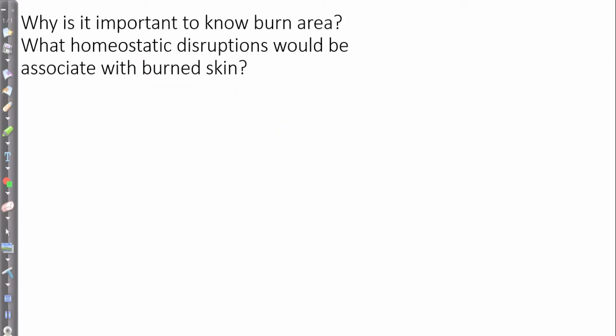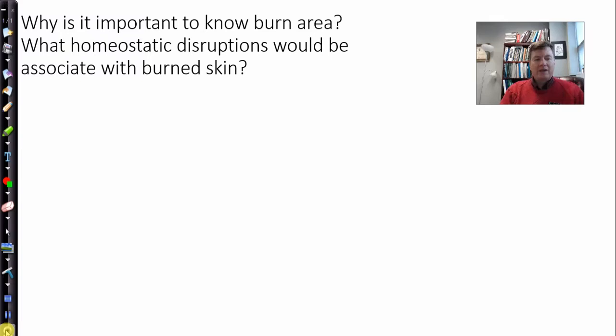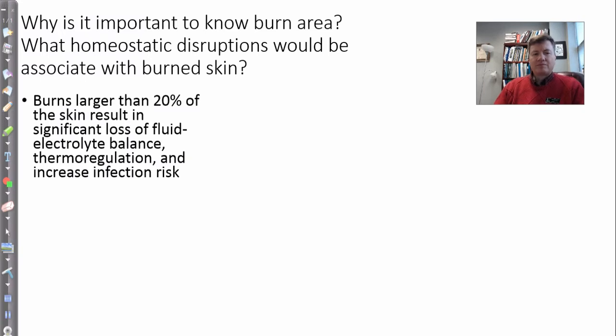So back to the question, why is it important to know how much of our area got burned, and what homeostatic disruptions would we expect if the skin is damaged? Well, I think some of these are going to be pretty obvious to us, but a burn that's larger than 20% of the skin is going to result in some significant impairment of the skin.